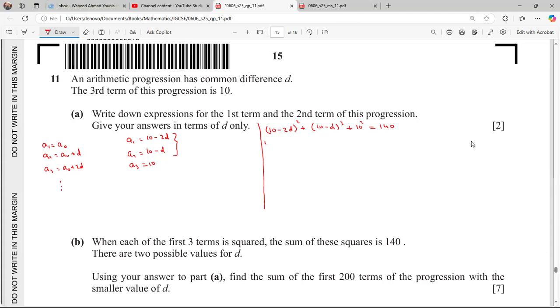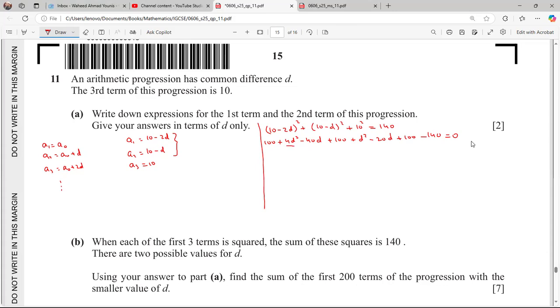So this is going to be 100 plus 4d squared minus 40d, right? Plus 100 plus d squared minus 20d plus 100 minus 140 equals 0.